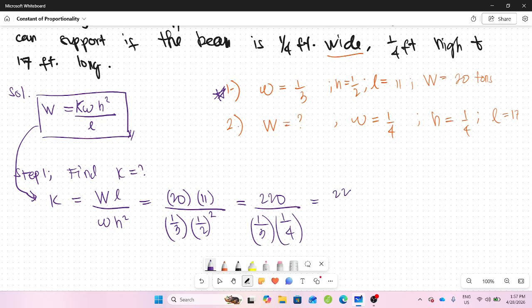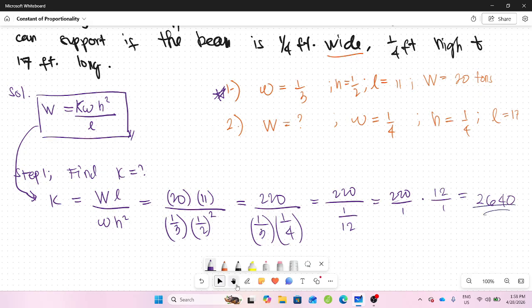So we have 220 over 1 over 12. So we have 220 over 1 multiplied by the reciprocal of our denominator, which is 12 over 1. So we get 220 times 12, and we end up with 2640. Okay, so that's the value of our k.